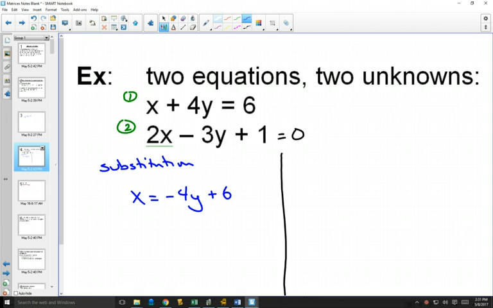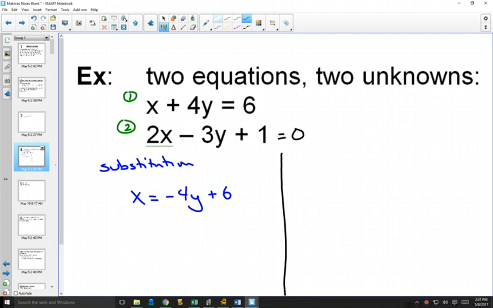Once you have x by itself, you want to substitute what x is equal to, negative 4y plus 6, into the other equation. If you plug it back into the same equation, you're not going to get anywhere other than do a bunch of math to find out that either 0 is equal to 0 or 5 is equal to 5, or you can find other fun facts like 3 is equal to 3. But it doesn't help you solve because everything will cancel out.